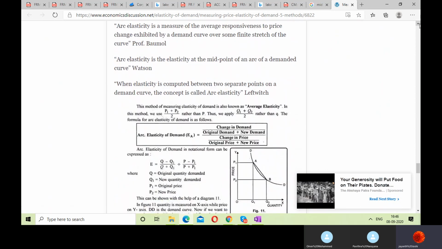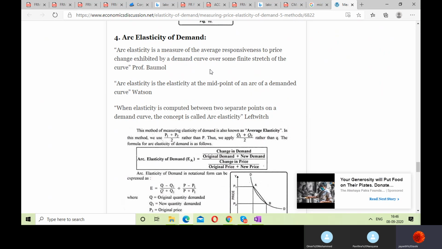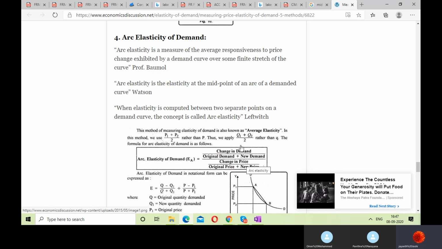This is the arc elasticity of demand. Arc elasticity is a measure of the average responsiveness to price change. The price will be changing and the demand will also be changing, but you are seeing how the price is changing based upon the average of that price, and how the demand is changing based upon the average of that demand.